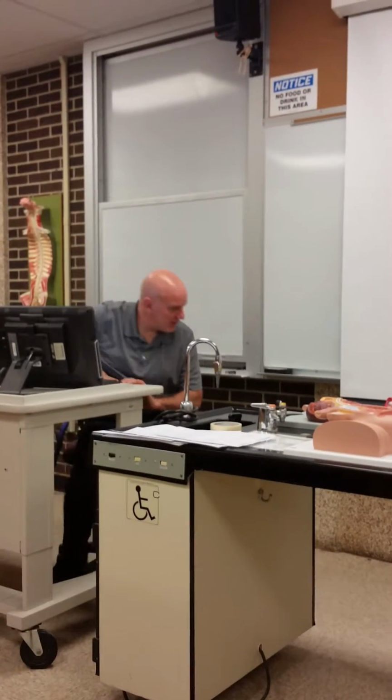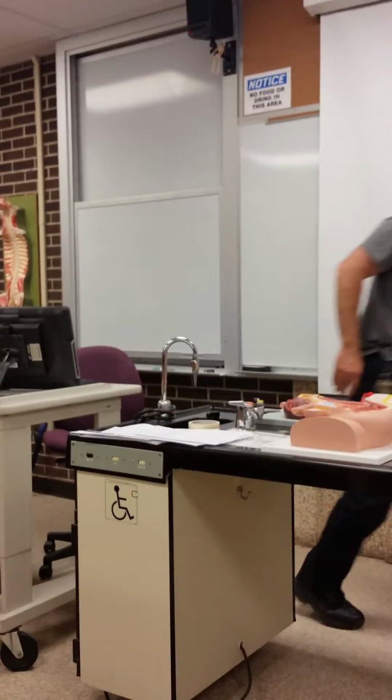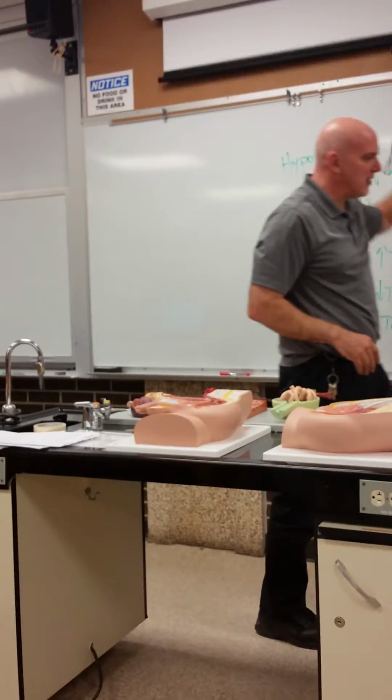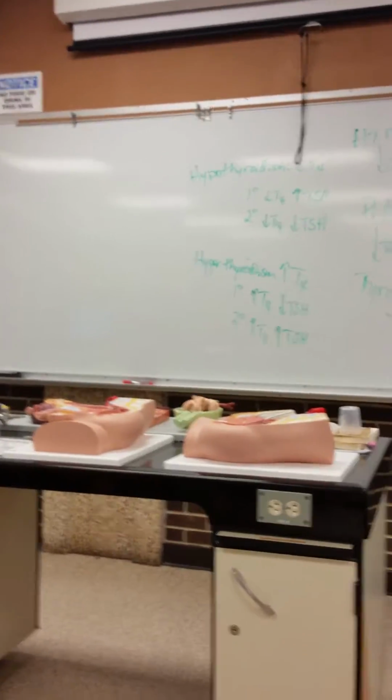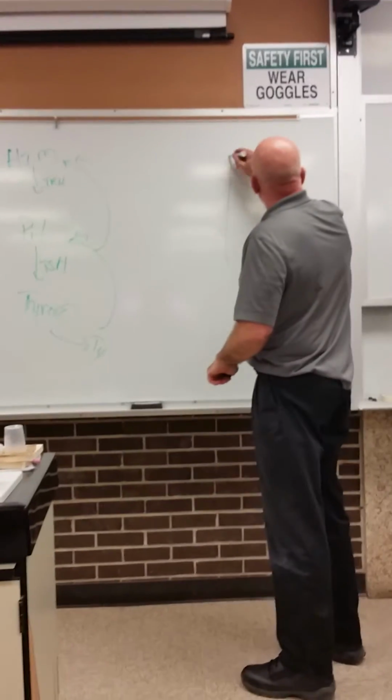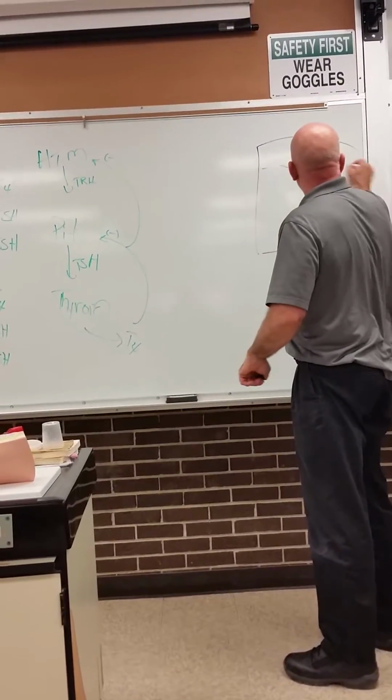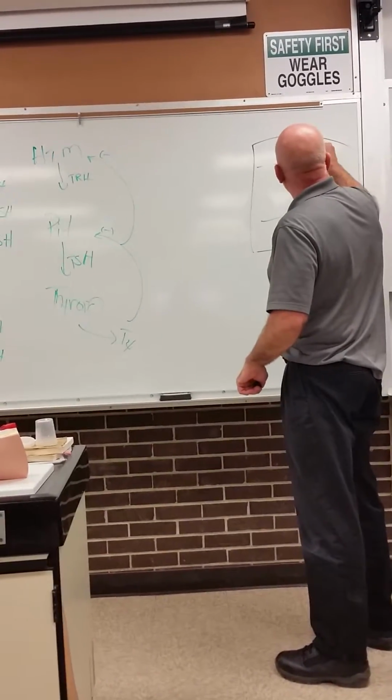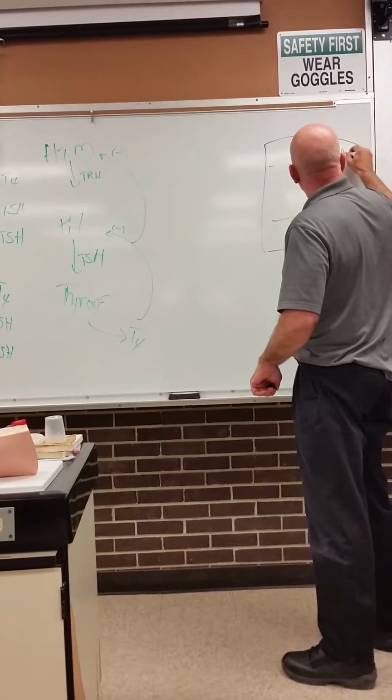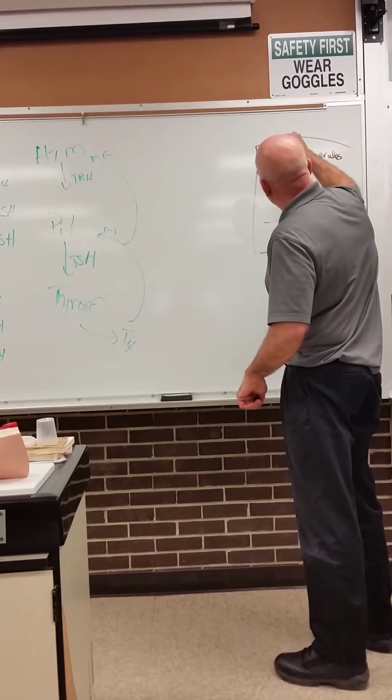Glomerulosa, now I went from outer to inner. I'm drawing. Oh, I remember that picture in the lecture now. Yeah. There's 3 layers to this adrenal cortex. The glomerulosa makes aldosterone. That's a mineralocorticoid.